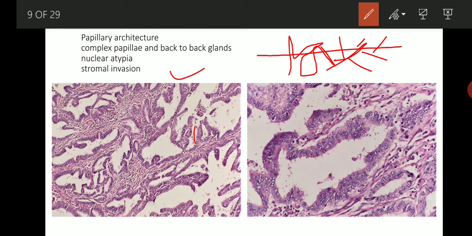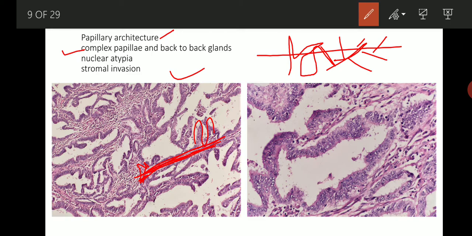You can see the papillae. Papillae usually have a core. The core is the supporting stroma of the papilla, and the core is usually fibrovascular. That means it consists of fibrous tissue and blood vessels. So fibrovascular core, papillary architecture, a very complex papillary type arrangement.